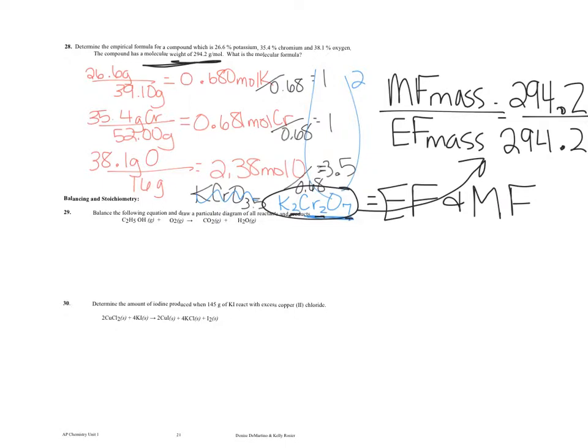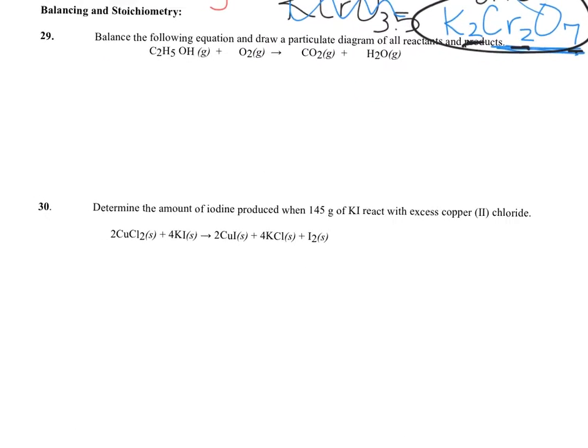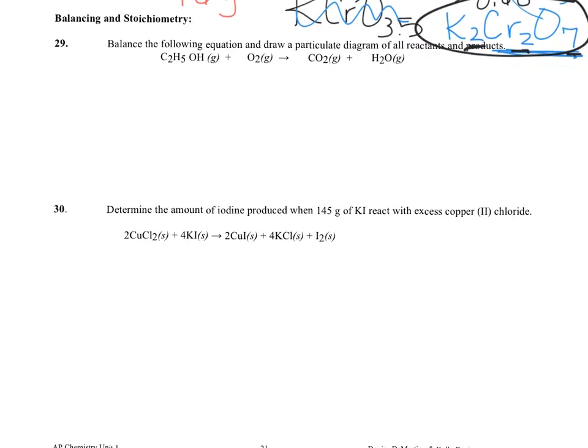All right, so 29 is about balancing, okay? When you go to balance things, I like to always draw a line down the middle, and I put my characters off on the side, and I see what numbers I have of each one. So I have 2, this one I have 6, this one I have 3. Over here I have 1, 2, and 3.